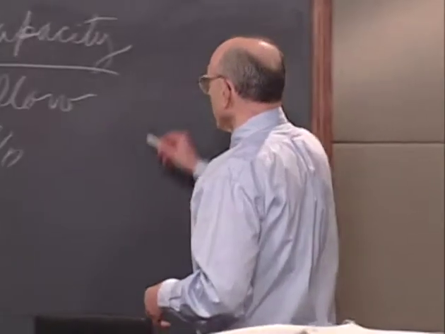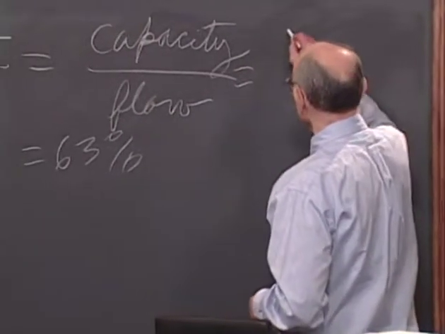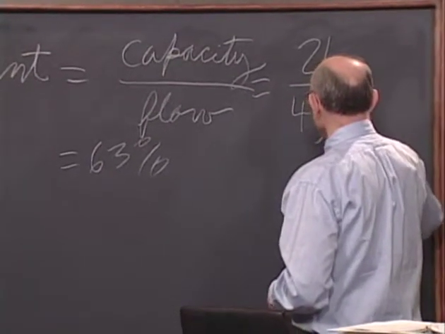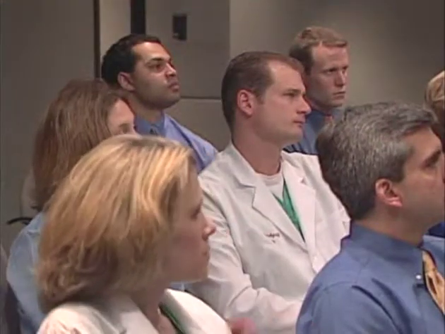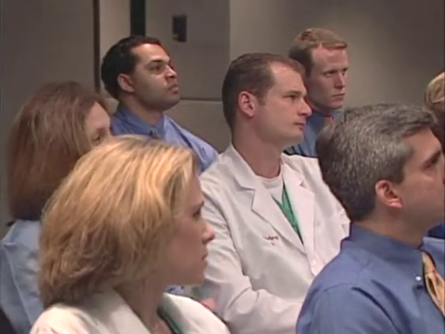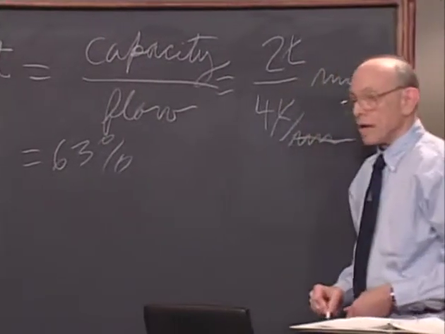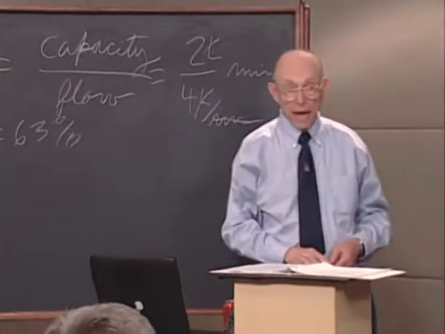About 4 liters per minute, of course. So if you calculated for the lungs the time constant, it would equal 2 liters over 4 liters per minute. The liters cancel out, and the minutes go up here. And you'd see that the time constant for the lungs is a half minute.